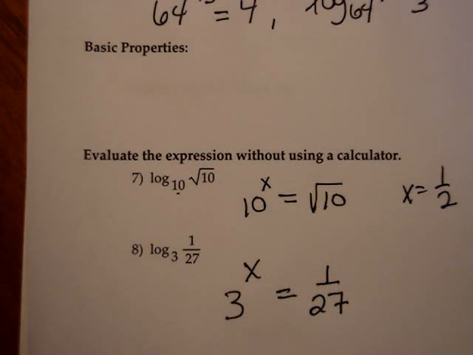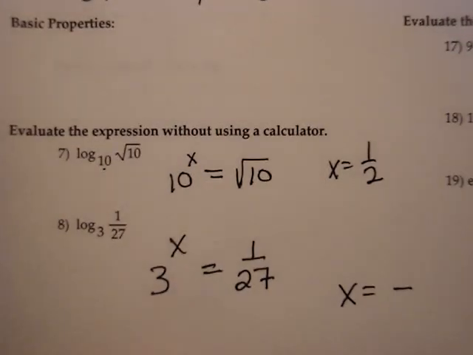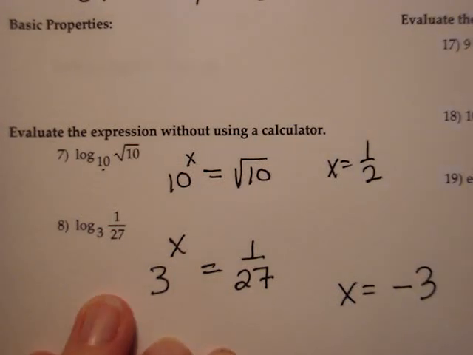You look at this and you say, well, 1/27 is a reciprocal, or it's a fraction. So I know x must be a negative exponent, because that's what negative exponents do. They flip things over, right? And then I say, well, 3 to the what is 27? Well, 3 to the third is 27. So if x is -3, now plug it back in and check. 3 to the -3 is, in fact, 1/27. Okay, let's do a couple more.